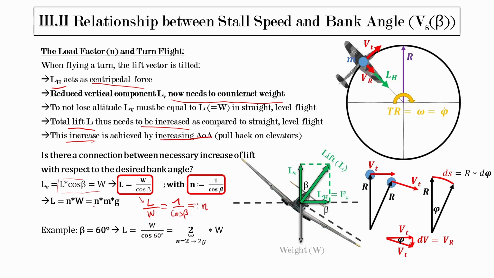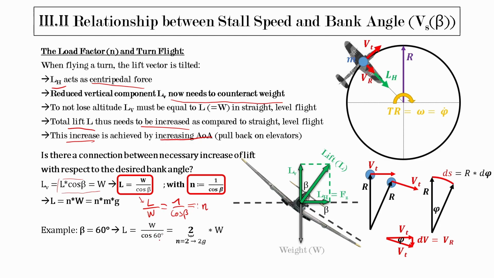Let's make an example to make this clear, how this is useful. We use 60 degrees of bank angle for now, because it's giving you nice numbers. We use that same equation from above. How much more lift do we need at 60 degrees bank angle with respect to straight flight? So we plug in the numbers.